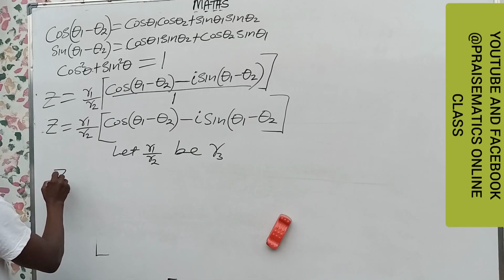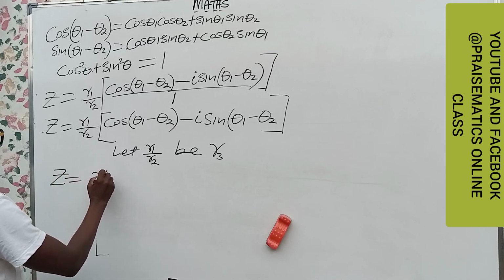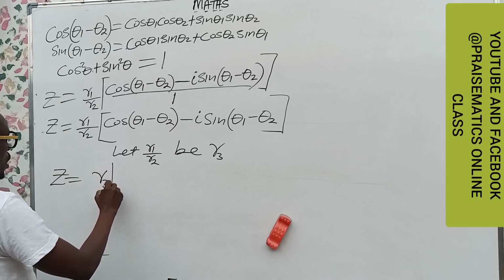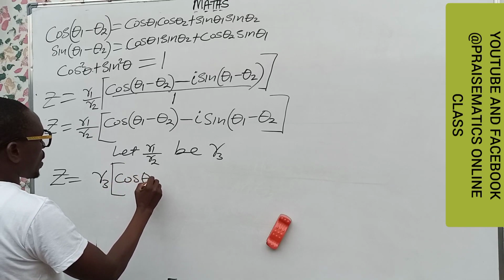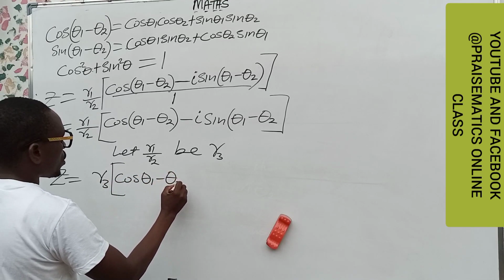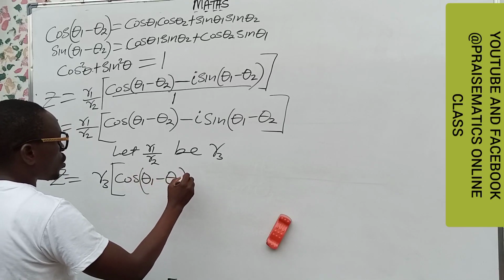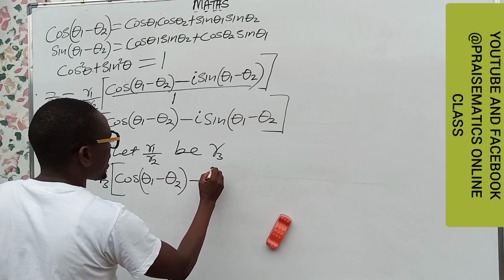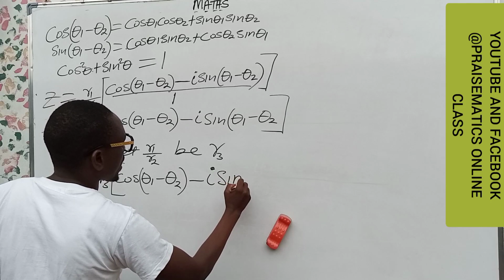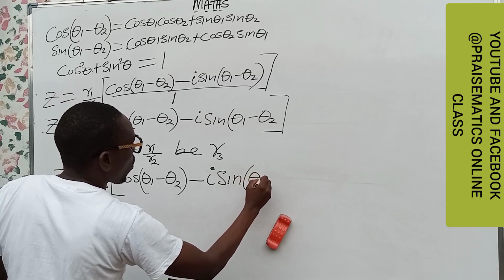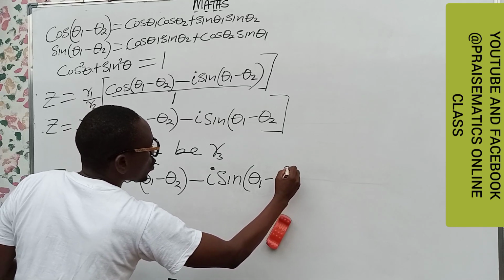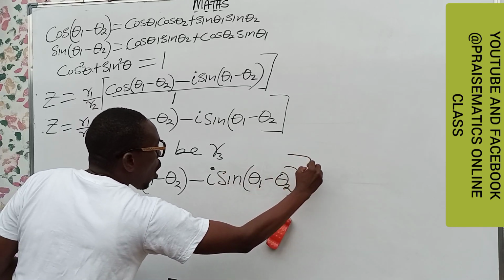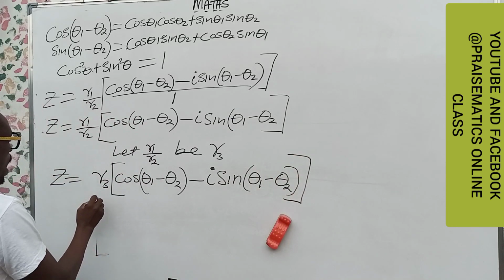Then z, final answer, is equal to r3 into bracket cos of theta 1 minus theta 2, bracket close, minus i sine of theta 1 minus theta 2, close it.